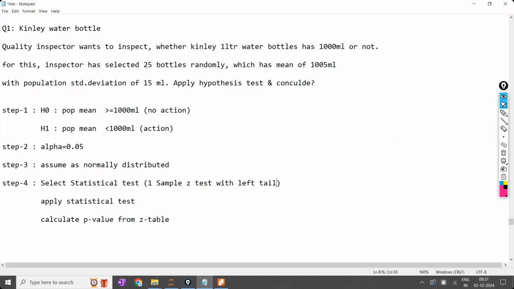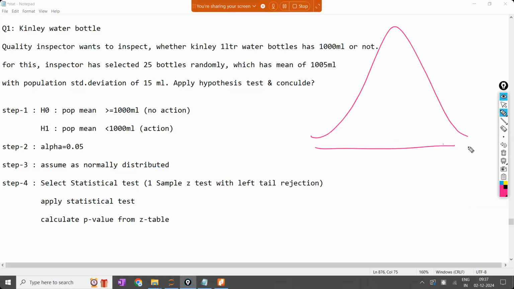Left tail rejection. Now, what is the diagram for this one? Left tail rejection diagram. For normal distribution, alpha should be left side or right side? Left side. How much is the alpha value for this question? 5%. They have not given it in the question. When they have not given, what is the default value? 5%.